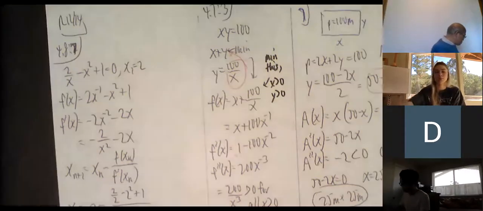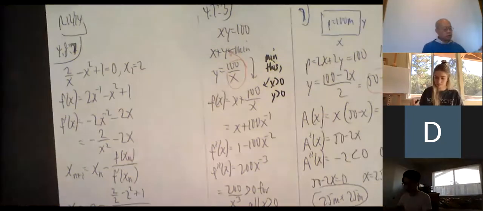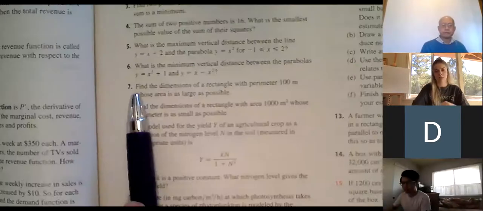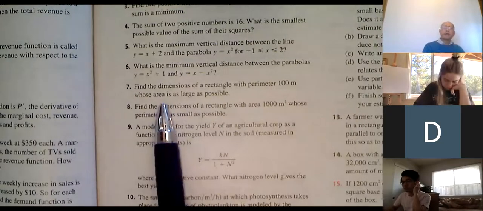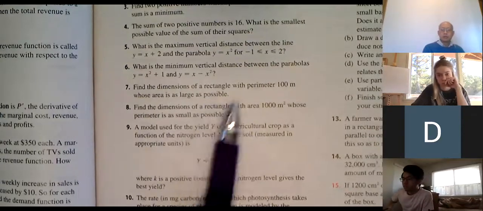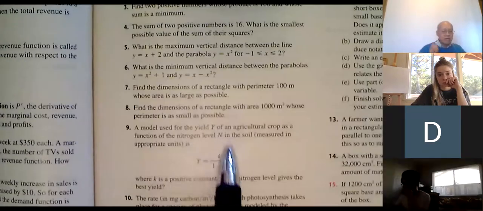And let's see, I think I'll show you number 7 next. Find the dimensions of a rectangle with perimeter 100 meters whose area is as large as possible. So the perimeter has to be 100, shaped like a rectangle, maximize the area.